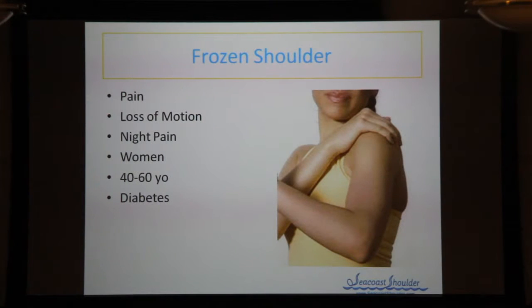And the stiffness comes from inflammation of those little ligaments that we talked about at the beginning. And for whatever reason, open heart surgery, breast surgery, radiation are all things that can lead to inflammation of the ligaments and a frozen shoulder. Classically, people will have pain, more common in women.